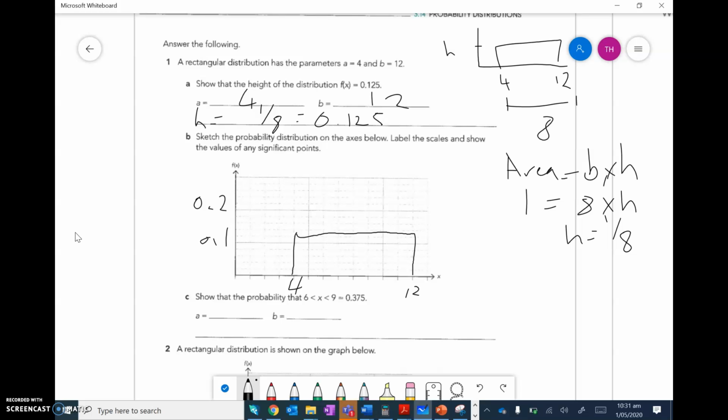And it says show that the probability between 6 and 9 is 0.375. So the way I do this is that I know that 6 is here, 9 is here, that's a distance of 3.